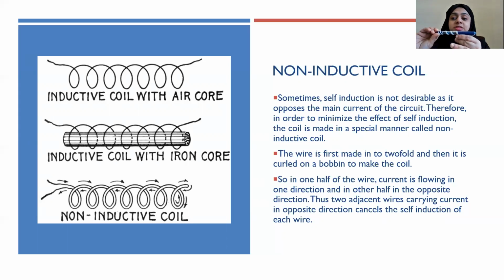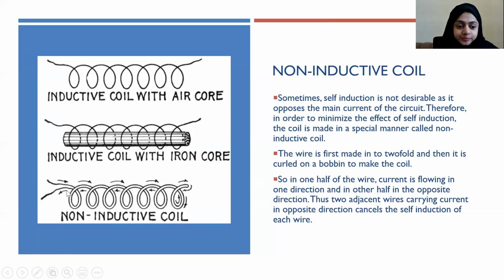So what happens now? If I apply current through this end, I will get back the current through this end. Okay, so let me show the figure to you. Here, if we apply current here, it will go through this wire like this, through all the turns, and it will get back, and now it's going in the opposite direction and comes back through this terminal.